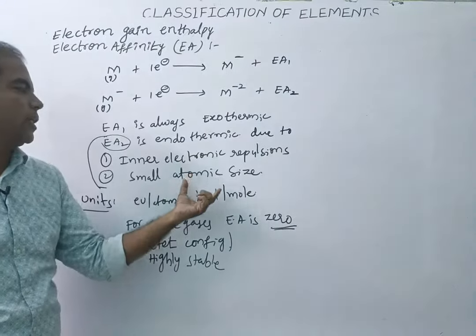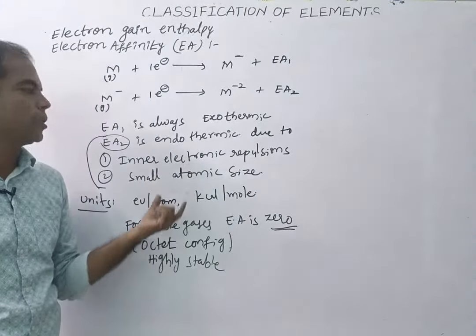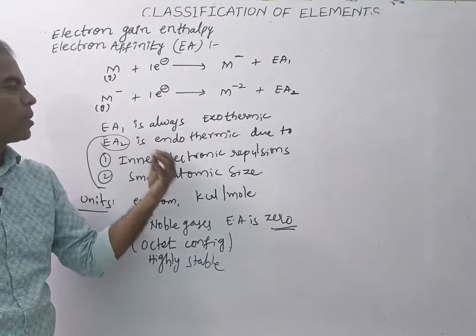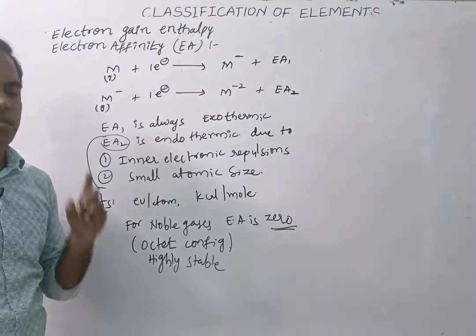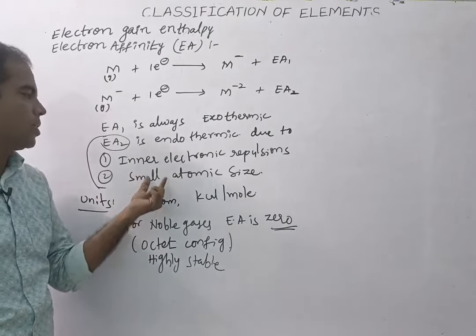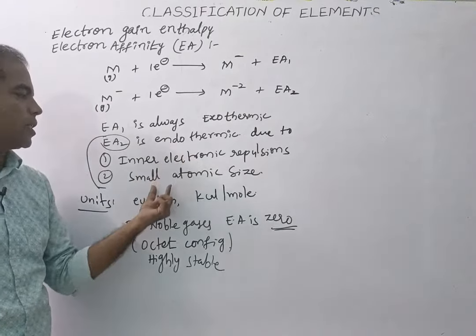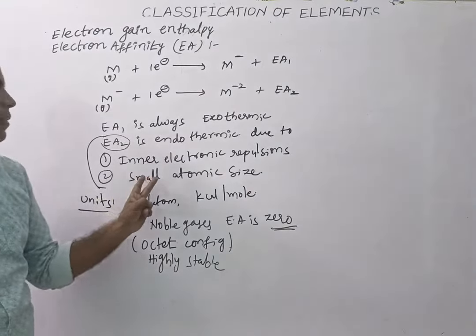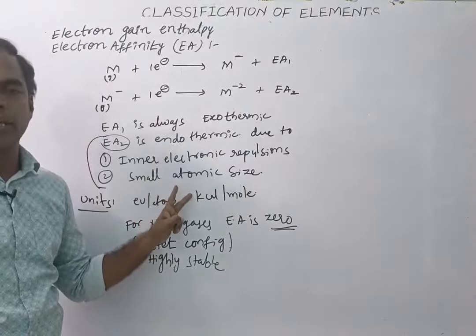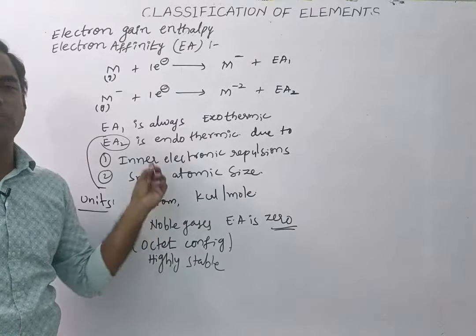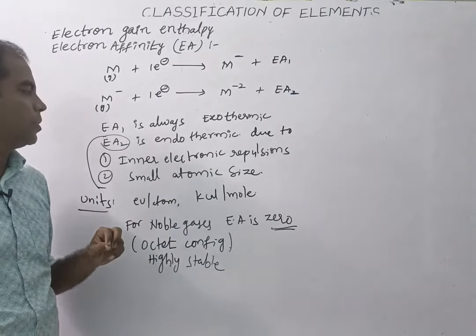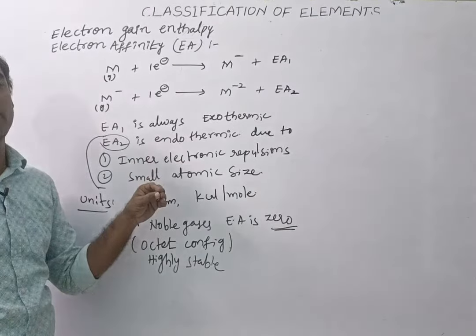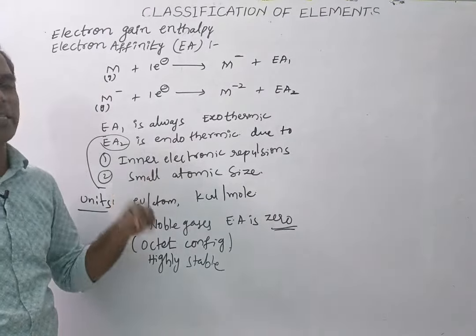Second electron affinity is always positive. That means an endothermic reaction, where energy is absorbed. What is the reason behind it? The reason is inner electronic repulsions and small atomic size. For example, if the atom has a small atomic radius, then to add one more electron, there is a repulsion between the newly coming electron and the already present electrons.